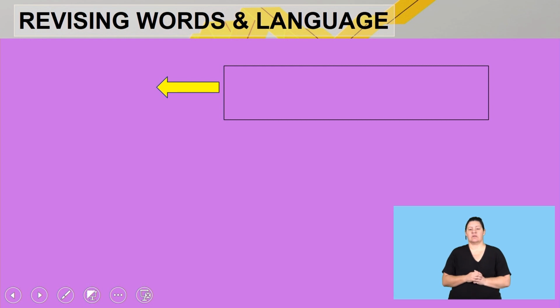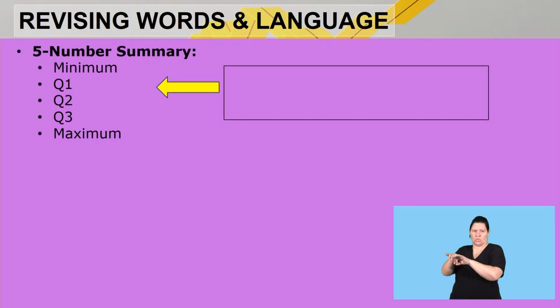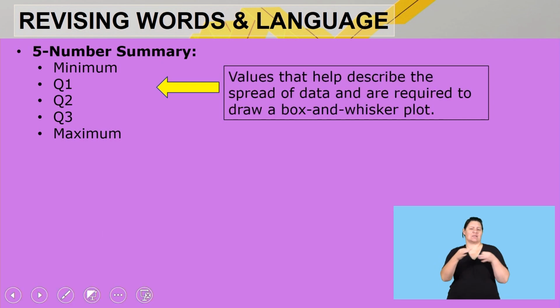Guys, just some other important information you should be familiar with. When we work with box and whisker plots, we need the 5-number summary. Now, what is the 5-number summary? We have our minimum value and the maximum value, then we have quartile 1, quartile 2, and quartile 3. We'll say a bit more as we move on.